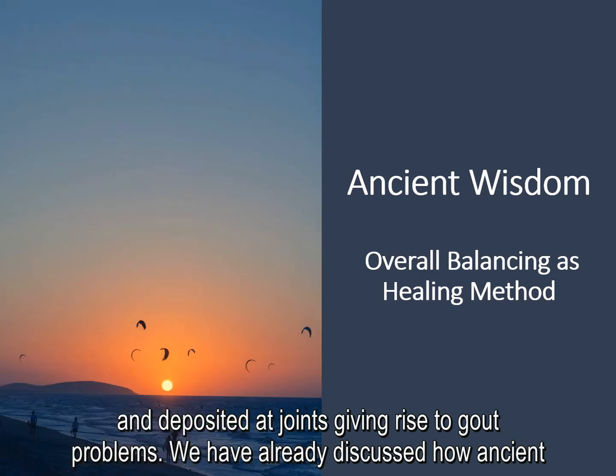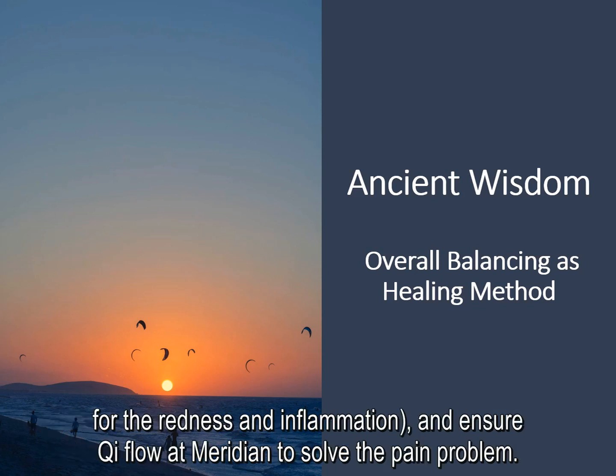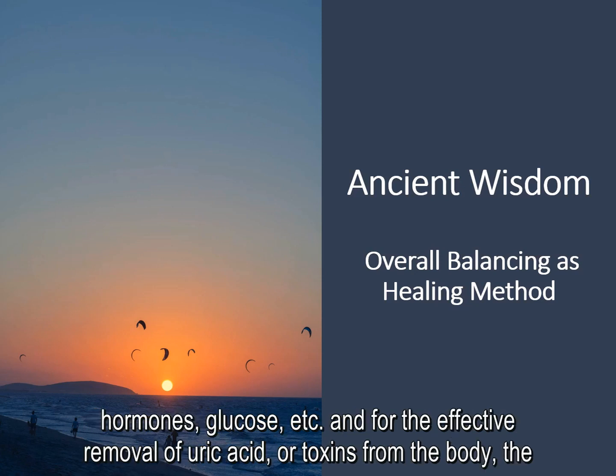We have already discussed how ancient wisdom carries out the diagnosis of gout, with particular balancing to remove dampness, cool down the heat, that is, for the redness and inflammation, and ensure qi flow at the meridian to solve the pain problem.